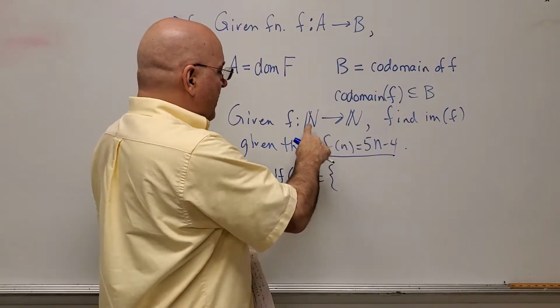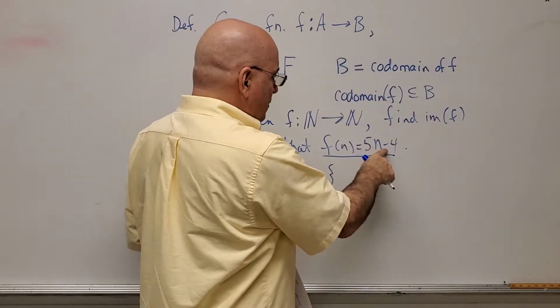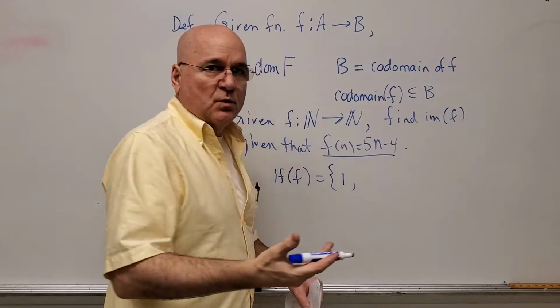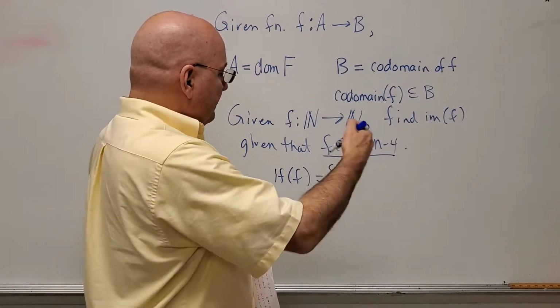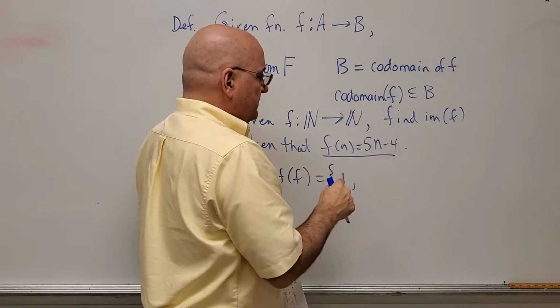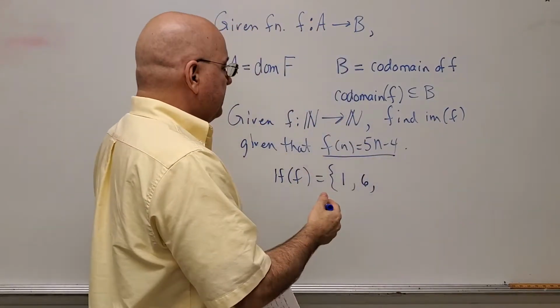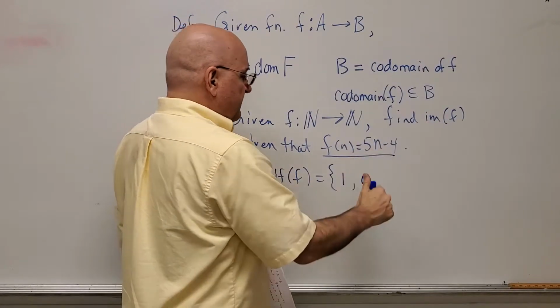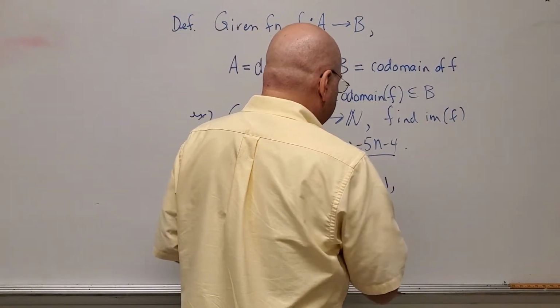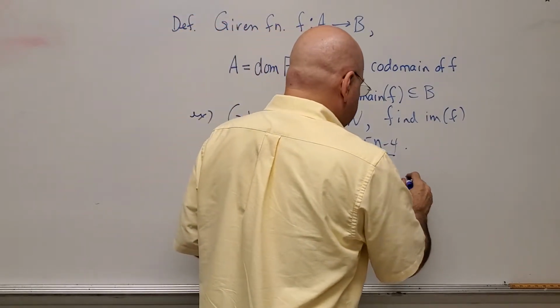Well, let's start with 1, the first natural number. When n is 1, you have 5 times 1 minus 4, which is 1. Then we move on to 2. When n is 2, we get 5 times 2 is 10, minus 4 is 6. Then n becomes 3, so we get 15 minus 4, which is 11. And then we move on to 4, which is 20 minus 4, which is 16.